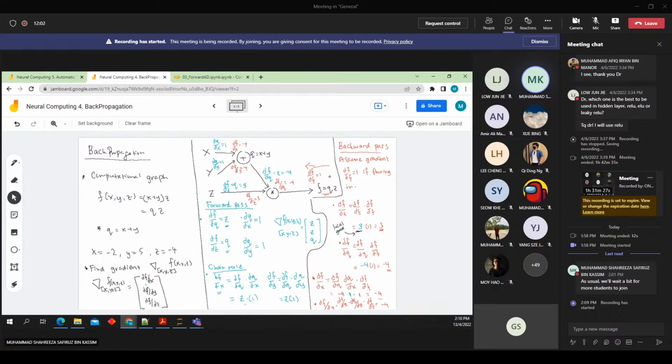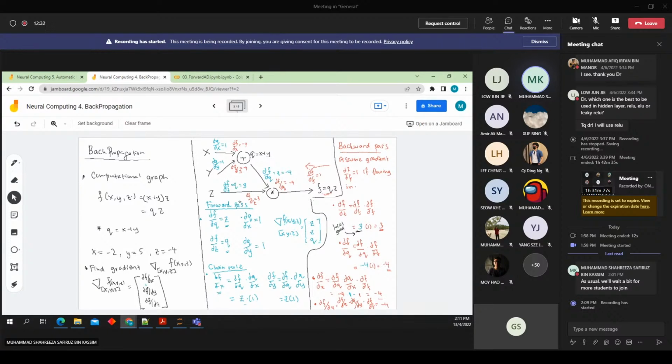We assume the gradient coming in is 1, and when we compute the backward pass, we utilize the local gradient that we've computed in the forward pass, right? And both forward and backward pass use the chain rule. So just be careful on that.